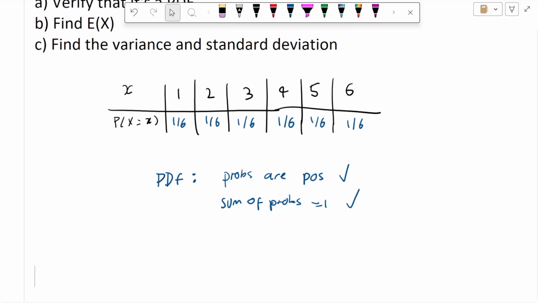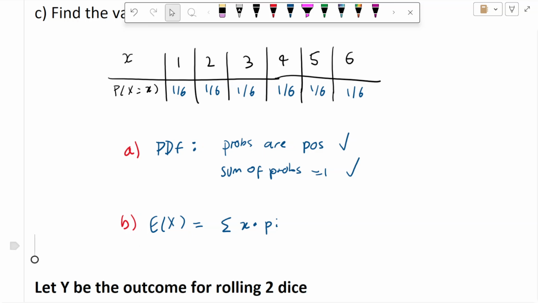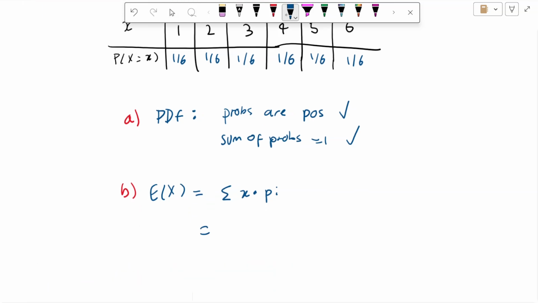For part B, we're going to find E of X. Now, this is technically the last video, but basically what you do is you take all the X values times all the probabilities, and you sum that over everything in your table. So in other words, this is going to be 1 times a sixth, and 2 times a sixth, and 3 times a sixth, and 4 times a sixth, and 5 times a sixth.